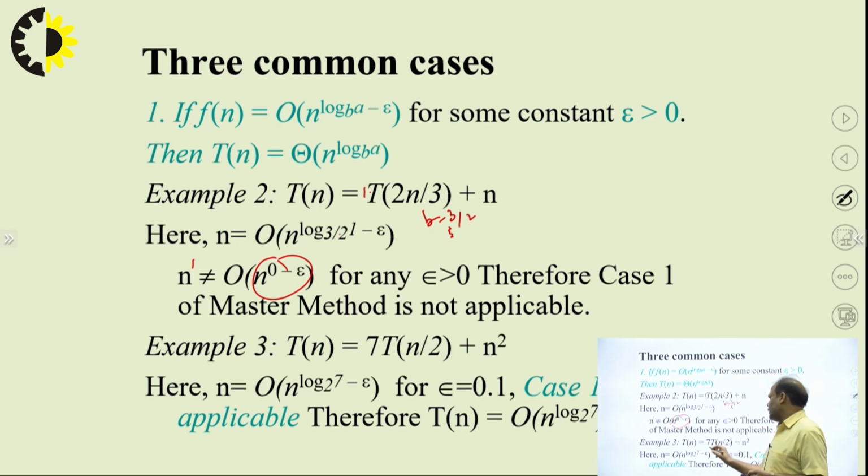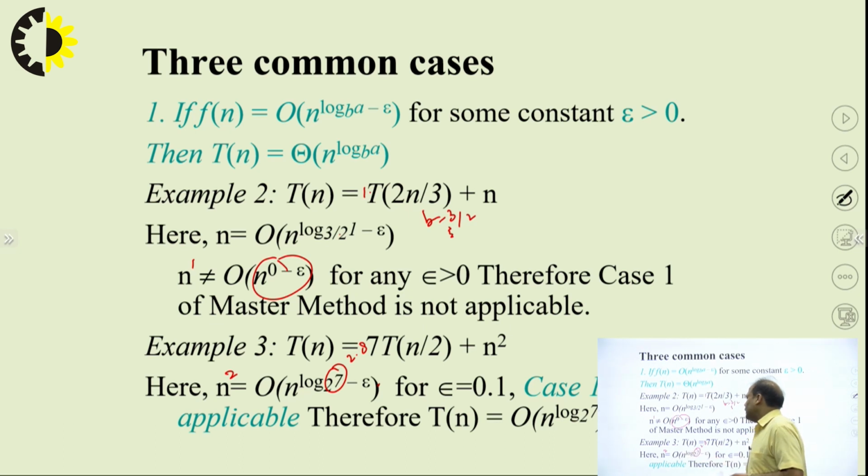So another example, if we see that here Tn is 7 Tn by 2 plus n square. Now this is n square, and we are checking whether this is true or not, whether case 1 is applied or not. So n to the power log A, where A is 7 and B is 2, is equivalent to 2.8 something.